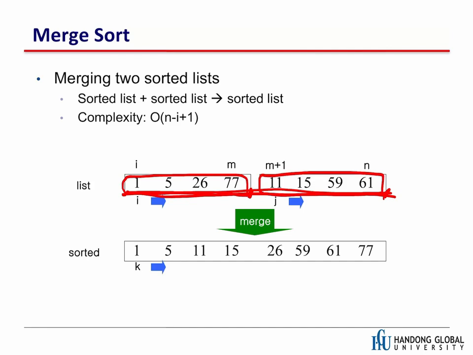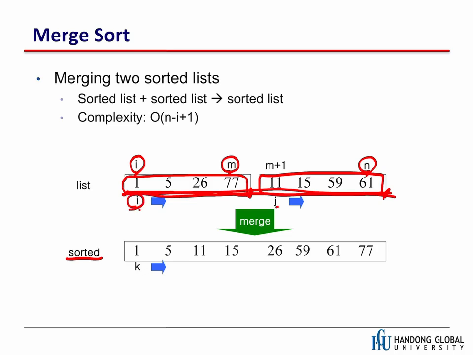We want to merge these two sublists into a sorted list. The idea is quite simple. We have three variables indicating the boundaries of these two sublists. So i is the first element and m is the last element of the first list, and m plus 1 is the first of the second list, and n is the last element of the second list.